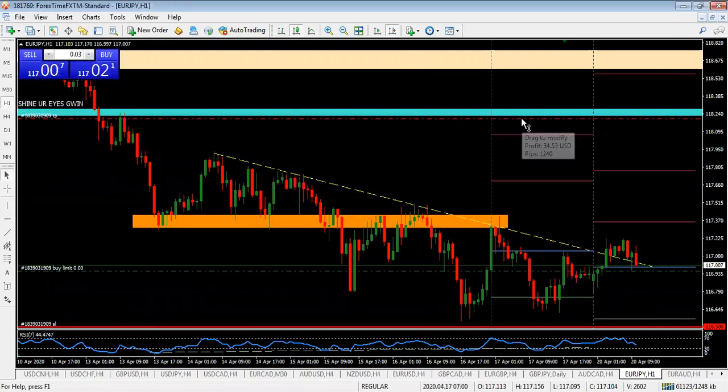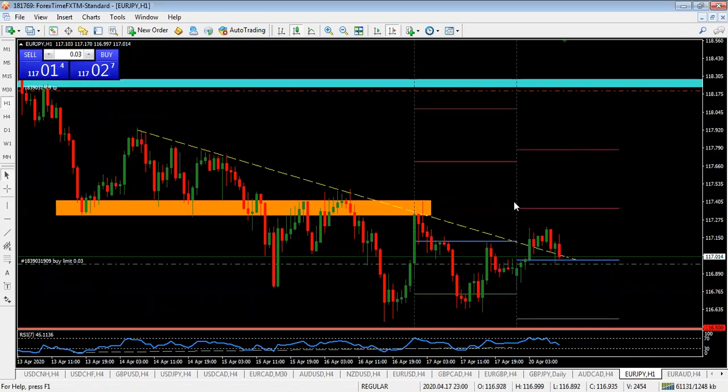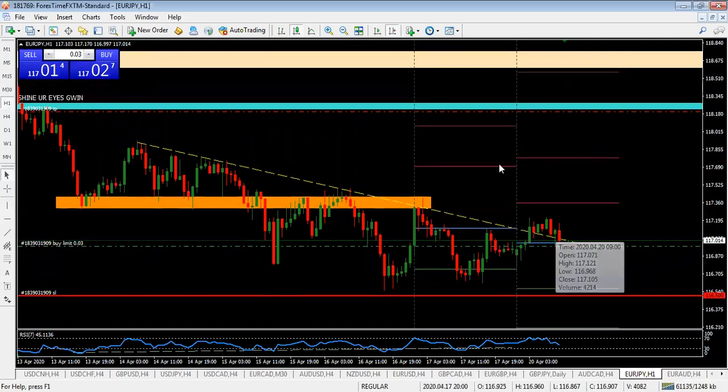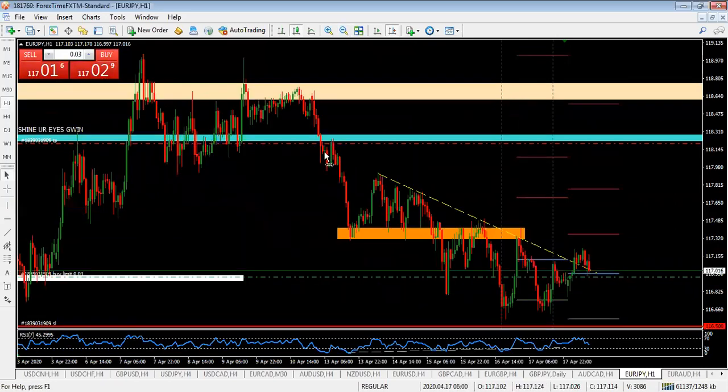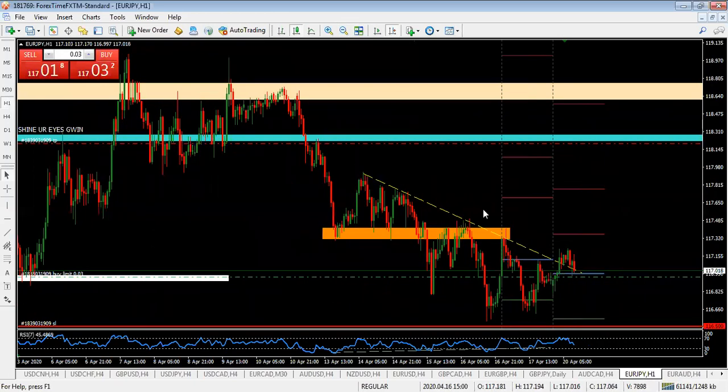So I'm risking $12 to make $34. I'm not looking at the profit, I'm only looking at the risk. That's the way I like to look at it first while I'm involved in the trade. So I will take a more conservative trade and take profit here.